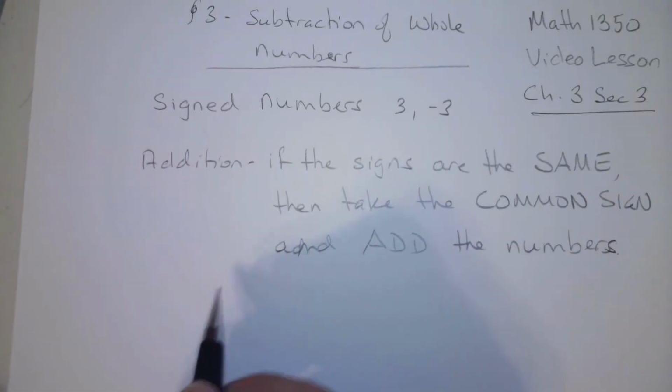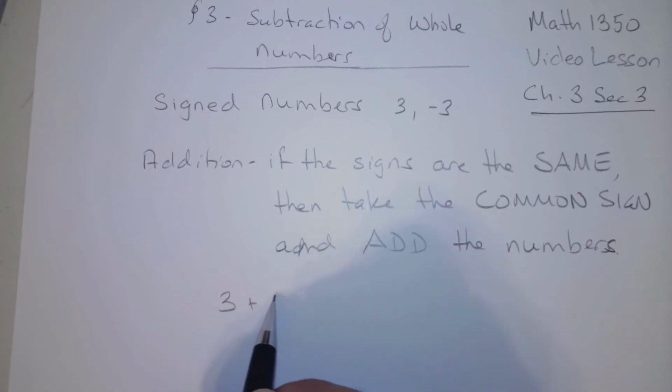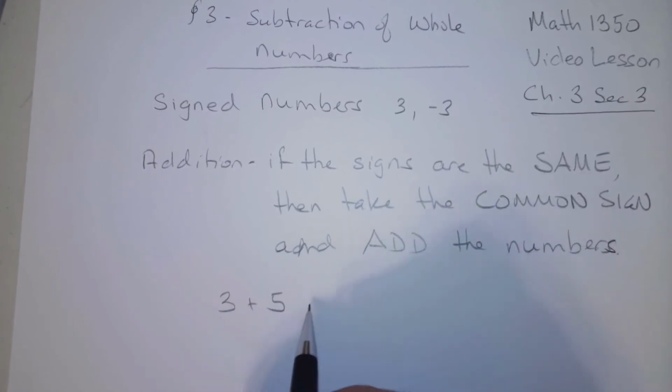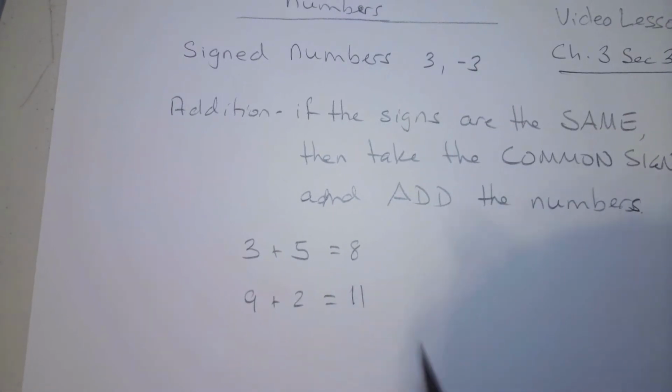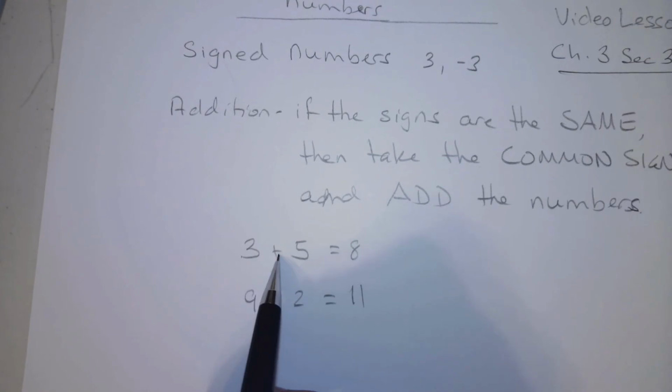Now what does that mean? Okay, we all know what 3 plus 5 is. That's 8. How about 9 plus 2? It's 11. Now why is it 8? Why is it 11? Well, because they're both positive, so the answer is positive.